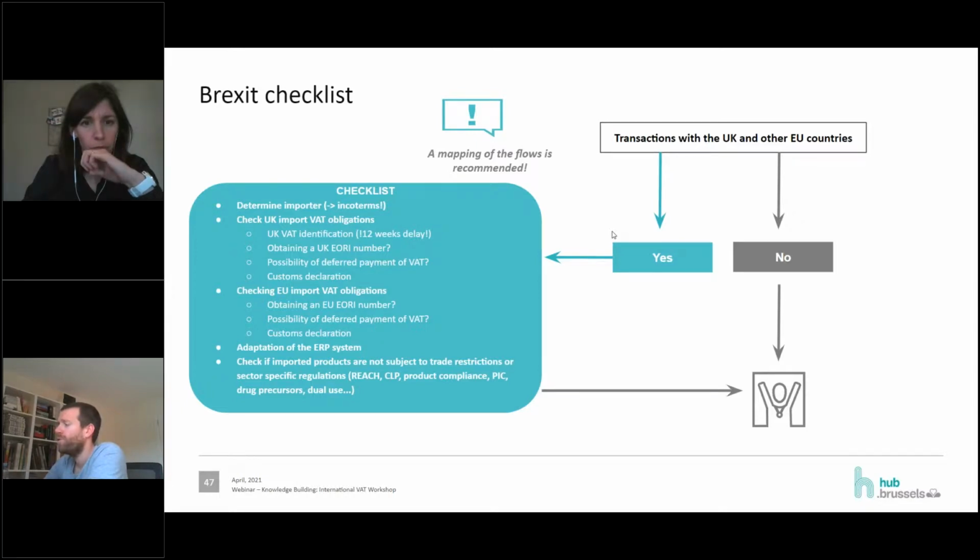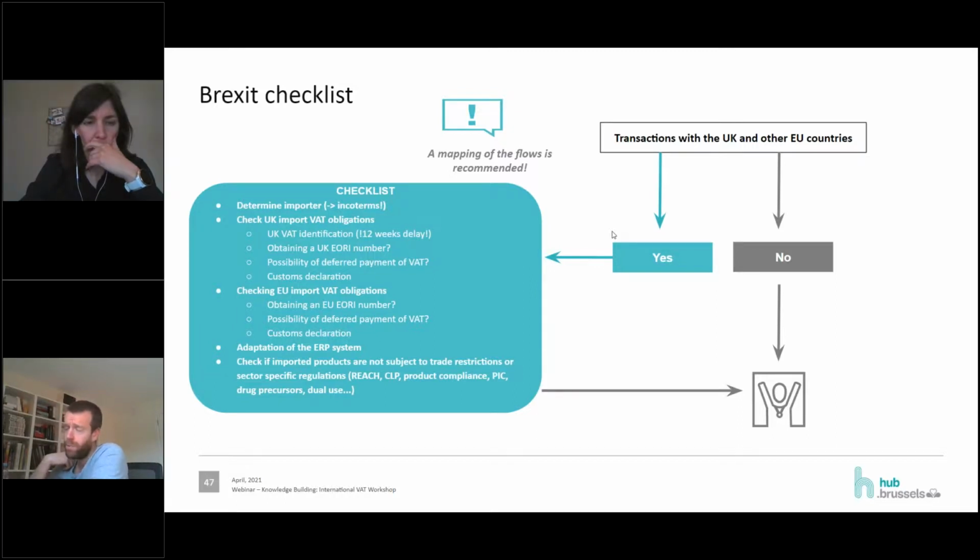Because if you are considered as being the importer, then you will have to account for the VAT in the country. In this case, we can say it's Belgium, so you will have to account for the import VAT, but you will also have to account for the customs duties, if any, and also potentially the excise, depending on the type of goods that you're dealing with.